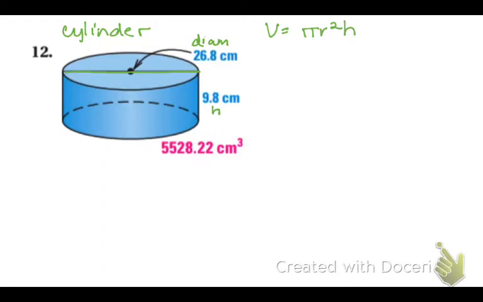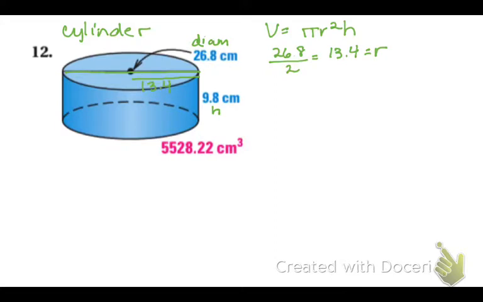So what do we need to do? We need to divide the diameter by 2. So 26.8 divided by 2 is 13.4, and that's going to be equal to r. So that line here is going to be 13.4.